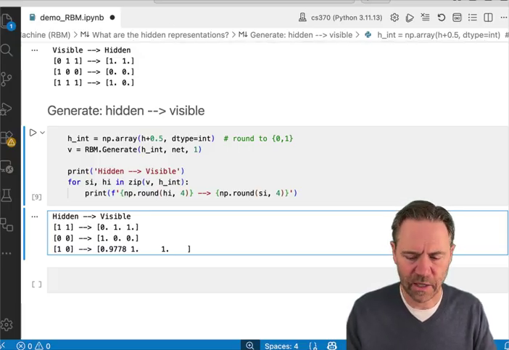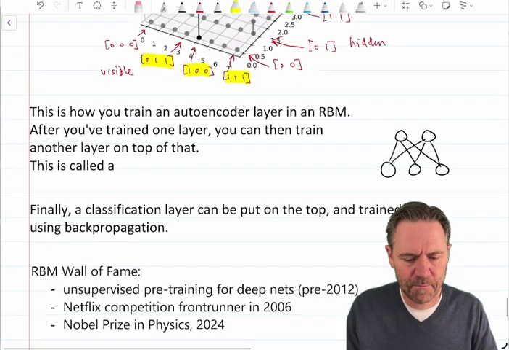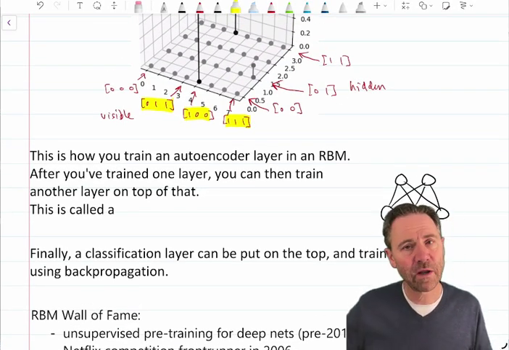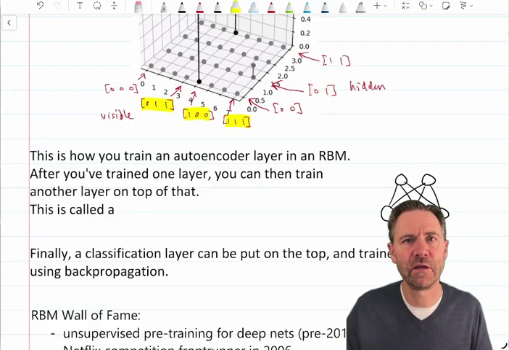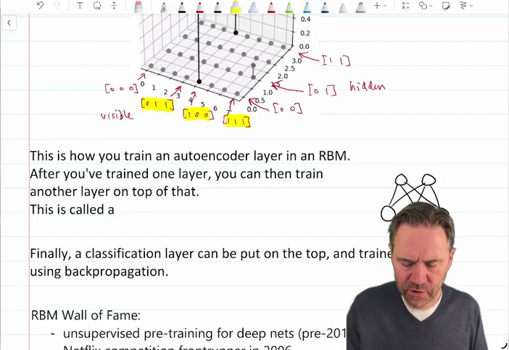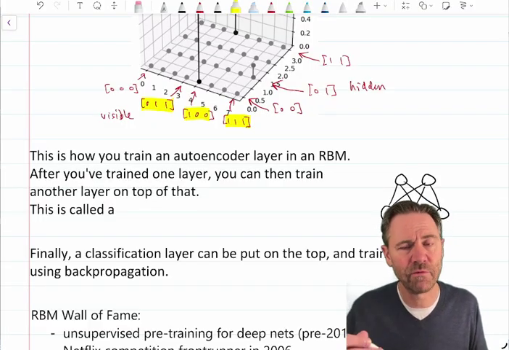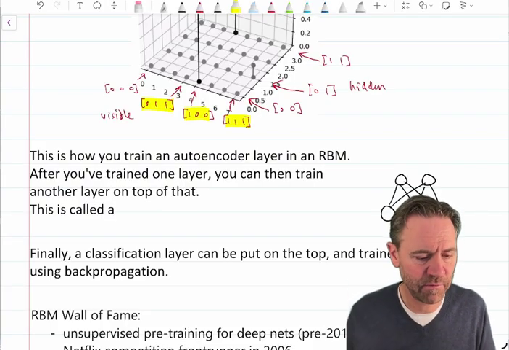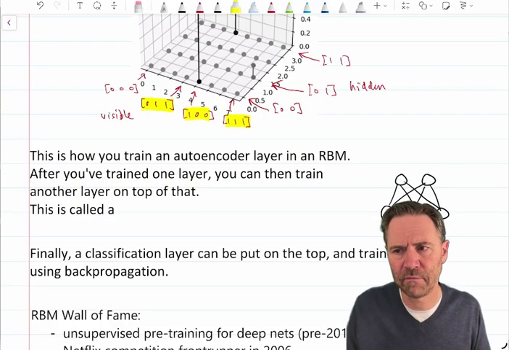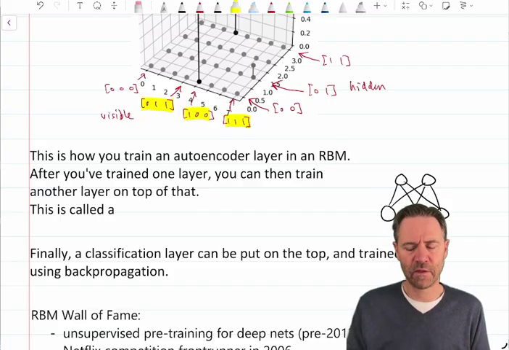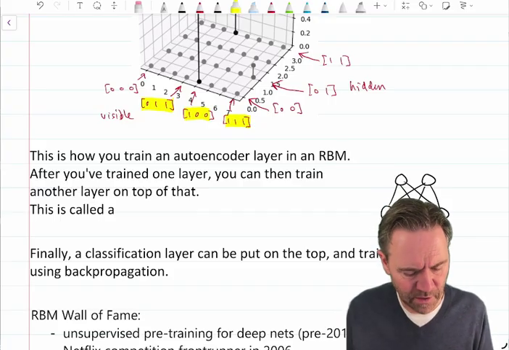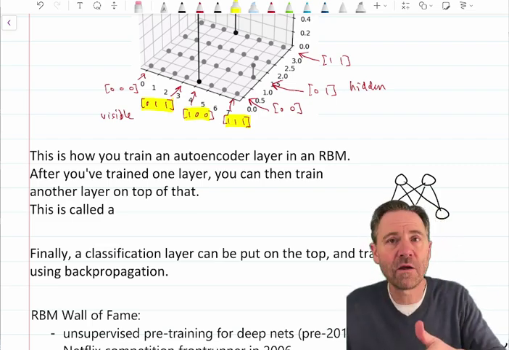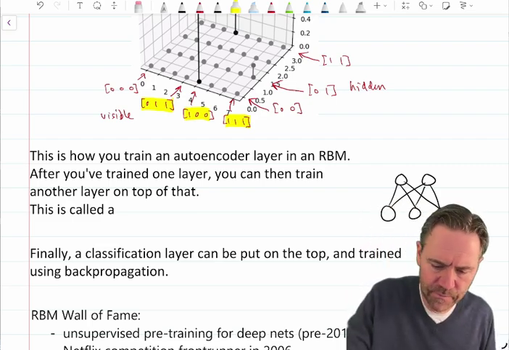Going back to the lecture notes, this is how we can train a network one layer at a time. You basically feed in one layer and you train the hidden layer above it to come up with an efficient representation of that world, a model of the data that it sees in the world. After you've trained one layer, you can depend on that hidden layer.